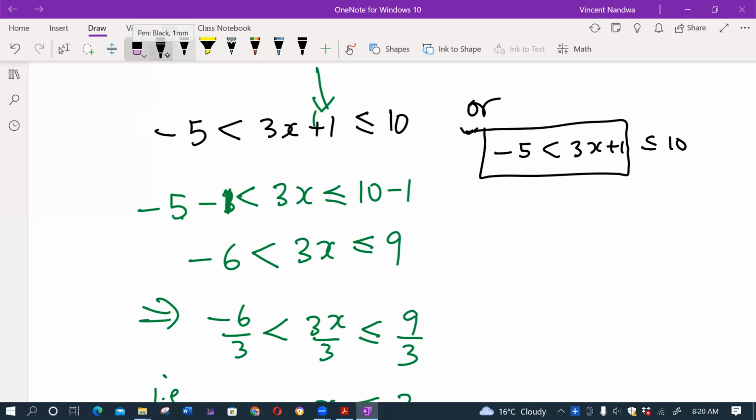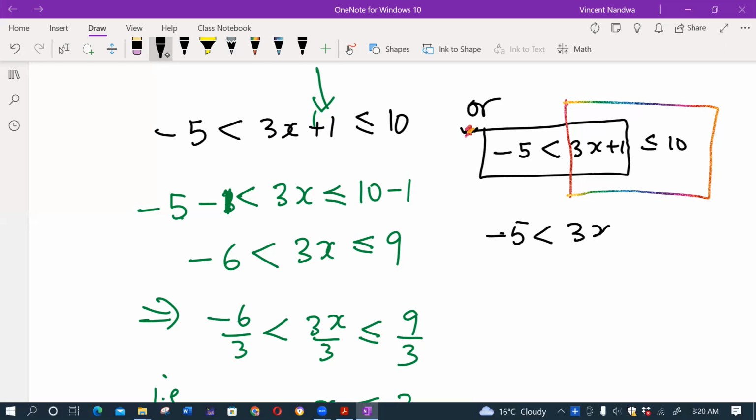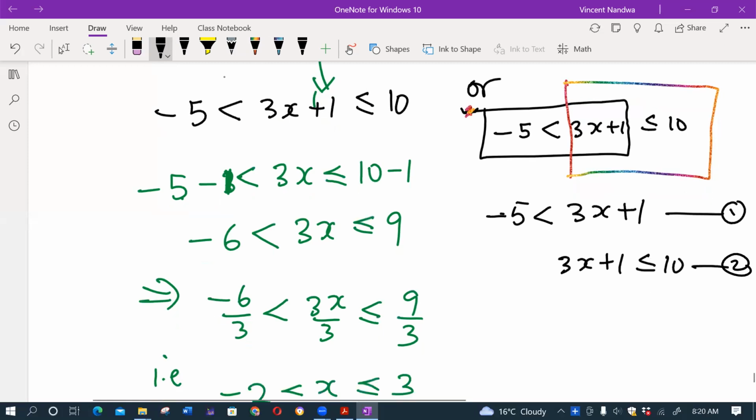So from this, you get one inequality, and from this, you get another one. So -5 is less than 3x plus 1 is your first inequality, and 3x plus 1 less than or equal to 10 is your second inequality.